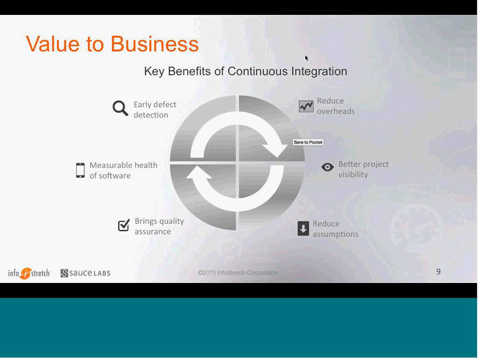If you have automation and CI in place, then we can ensure that deployment is happening on iOS as well as Android, and reduce the assumption that it would be great on both platforms. We also reduce overhead by finding defects early in the game. If we find a defect later in the game, there are chances that my development team might lose time.